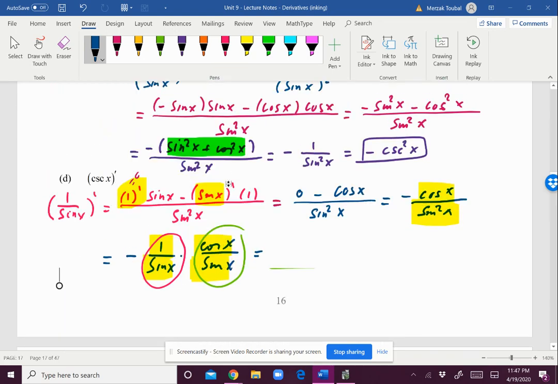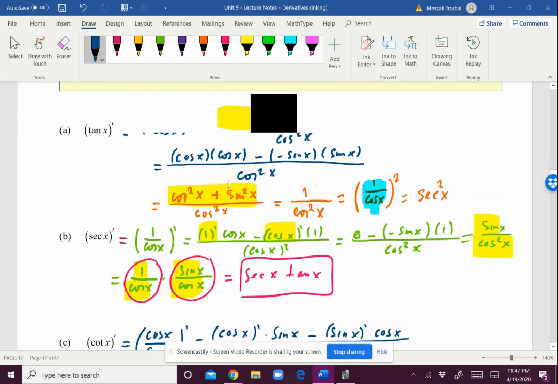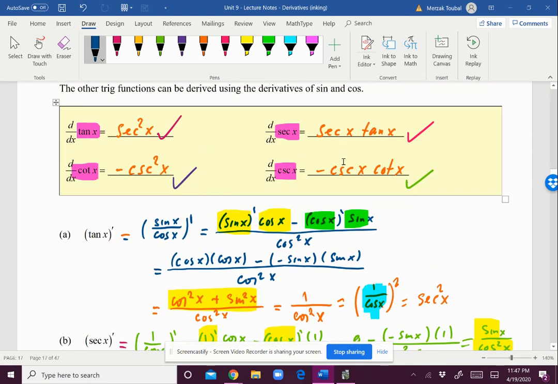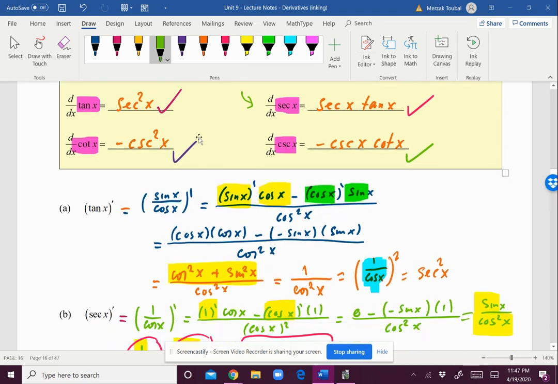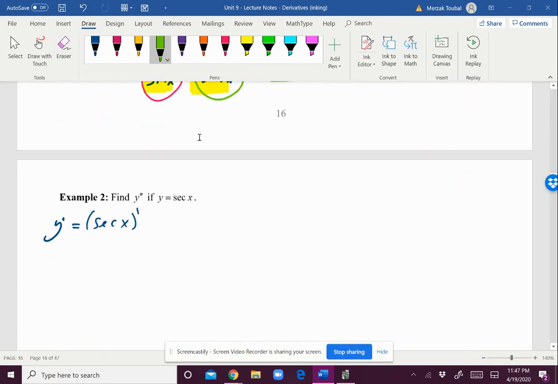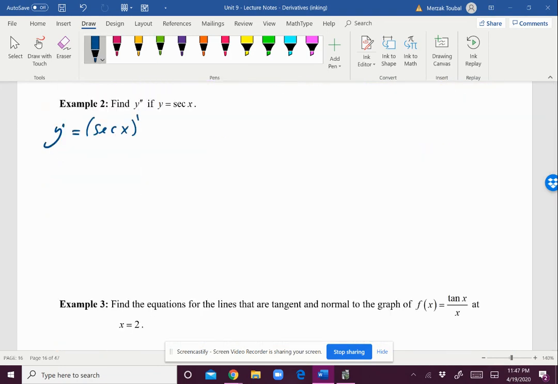Well, we can just look at the table. Derivative of secant is secant tangent. So we can use it directly. So the first derivative is secant x tangent x.